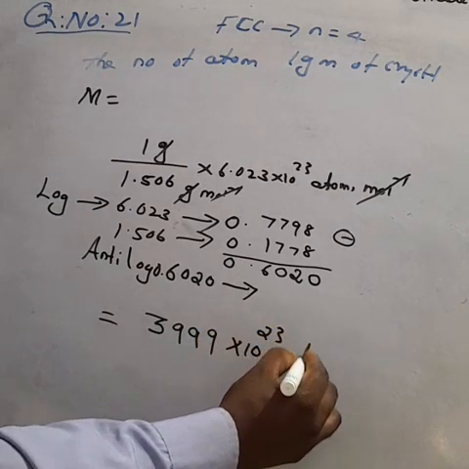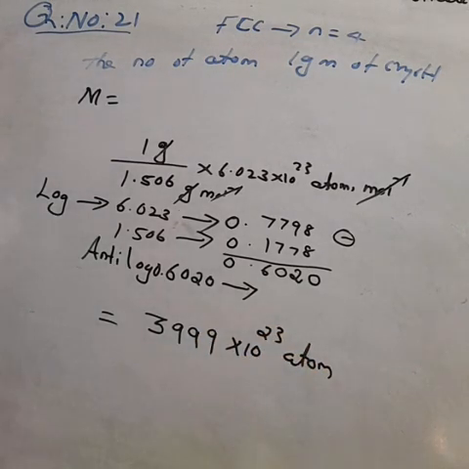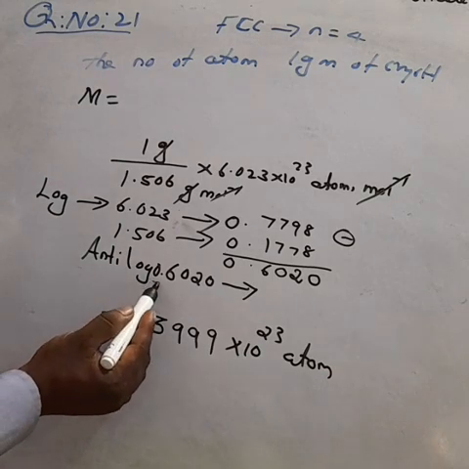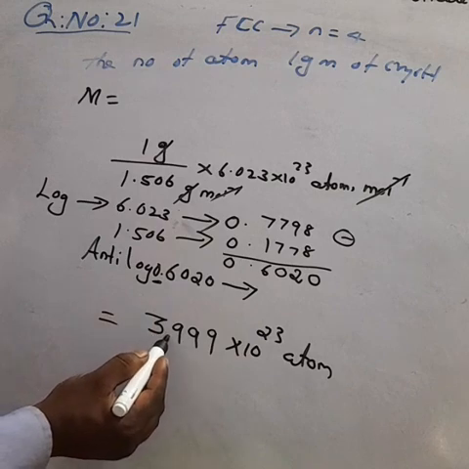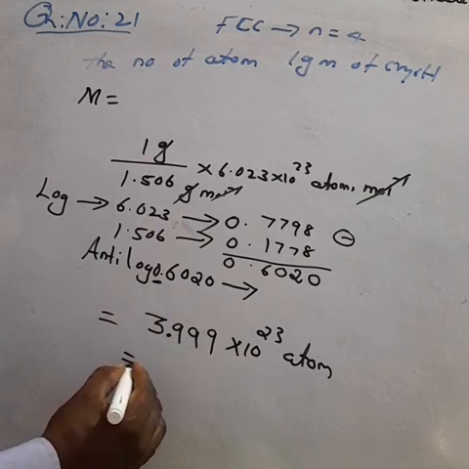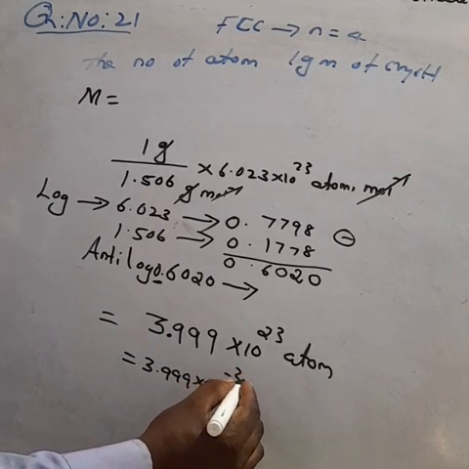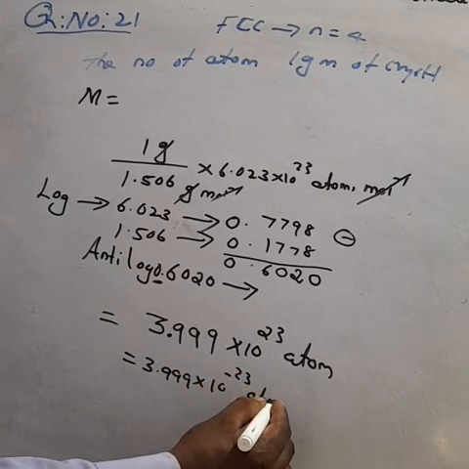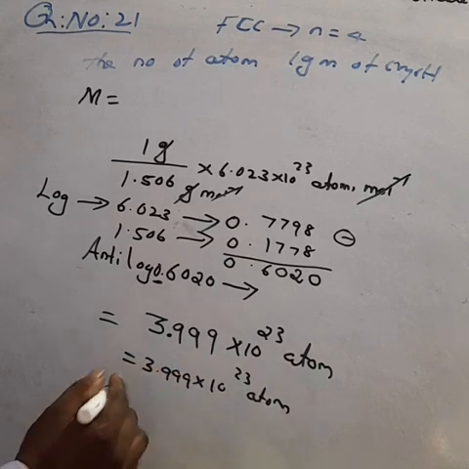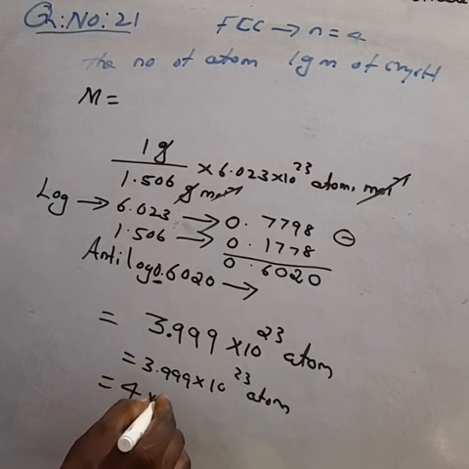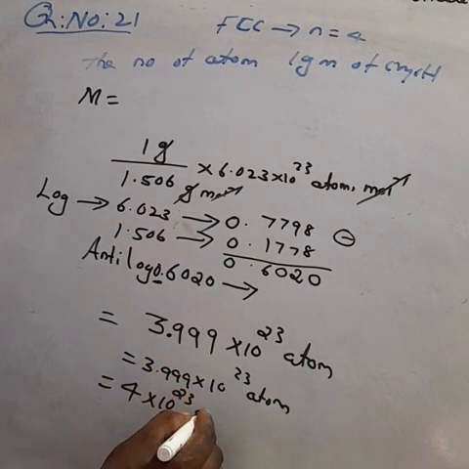Before rounding up we have to write the point also. Antilog of 0 point means we make it a single digit. So 3.999 into 10 raised to 23 atoms. If you round up, we can write it as 4 into 10 raised to 23 atoms.